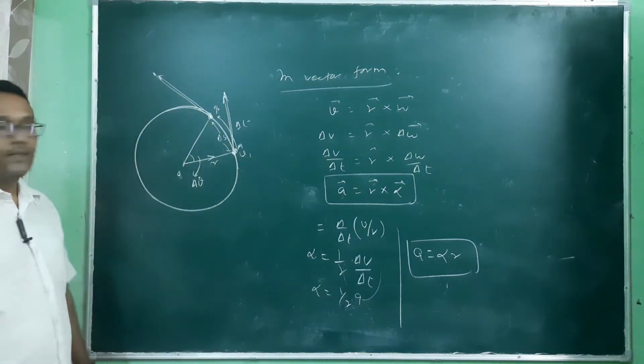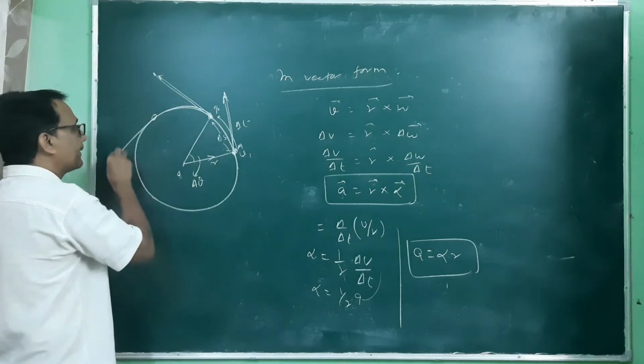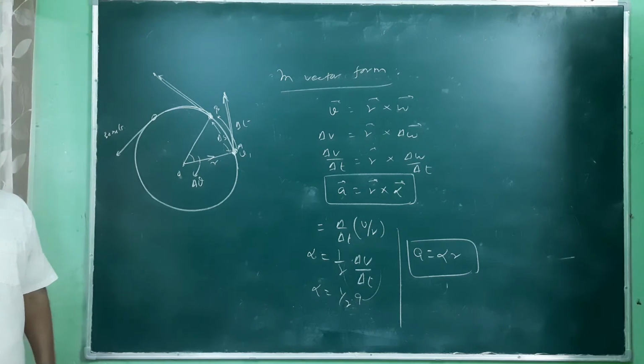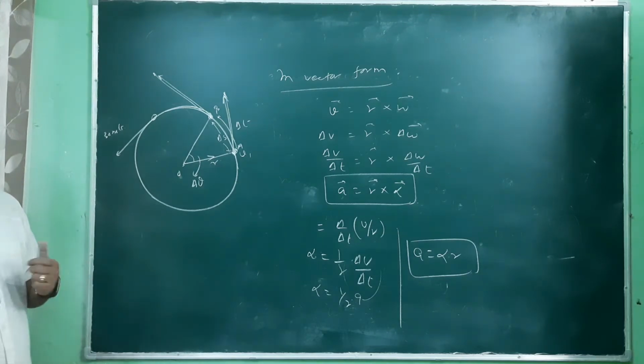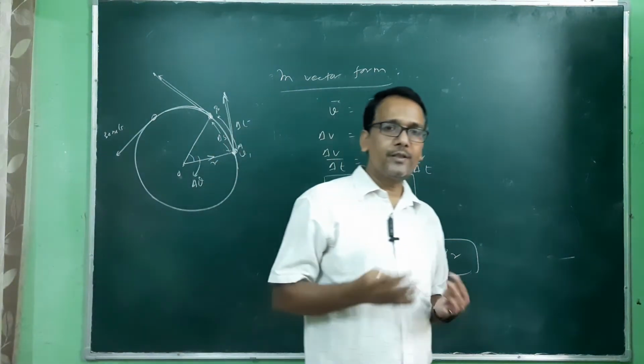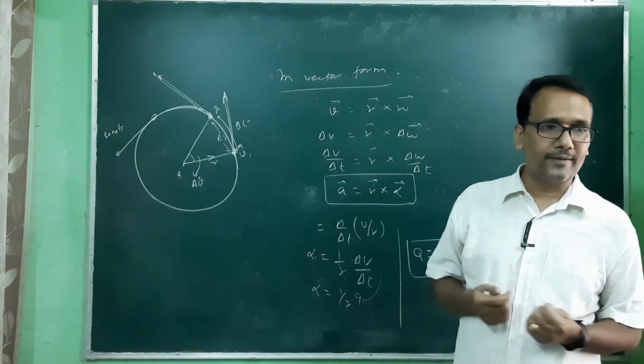After some time, again the velocity is 30 meters per second. The magnitude is the same. If we just take the magnitude, this is the speed; when we consider direction also, this is the velocity.